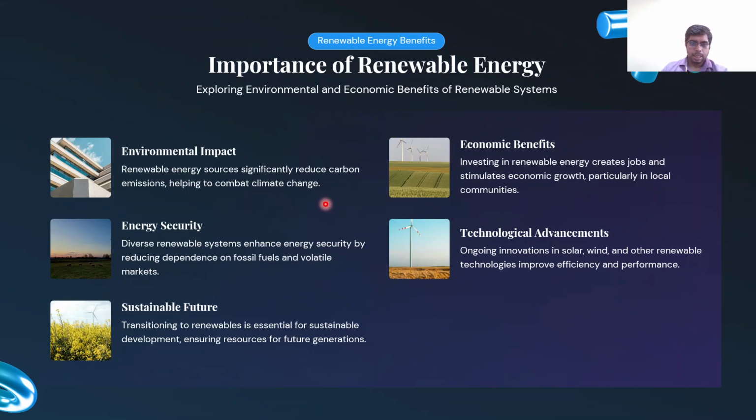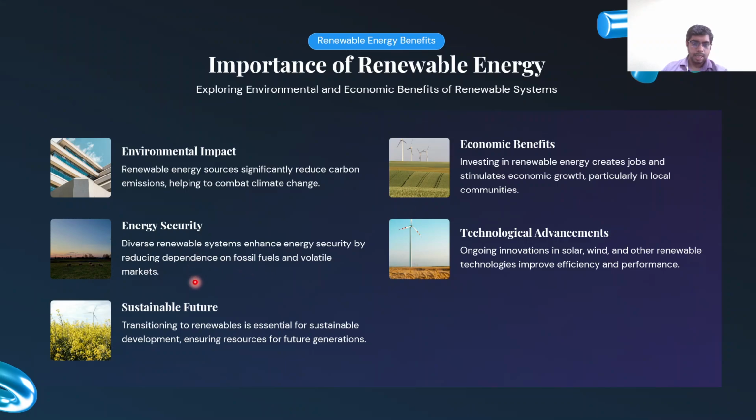And energy security is another factor. You have diverse renewable energy systems, solar, wind, biomass, and so on, which basically enhance the energy security by reducing the dependence on fossil fuels and volatile markets.